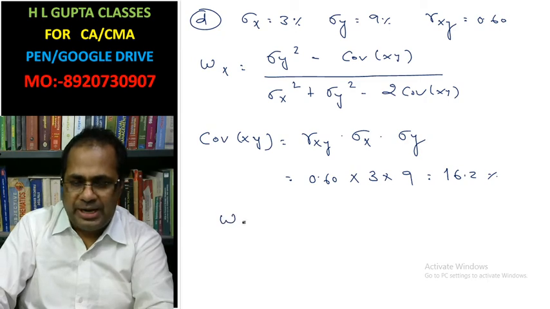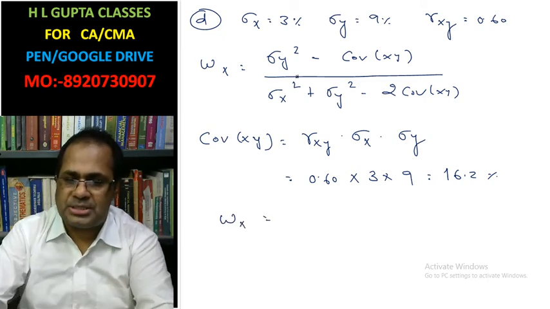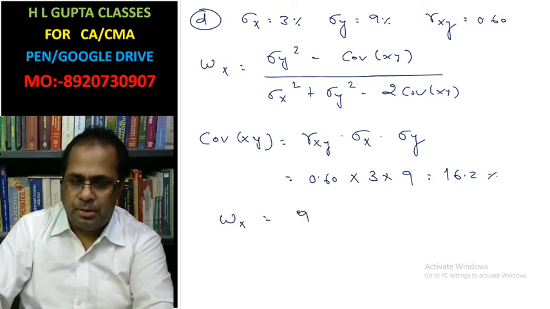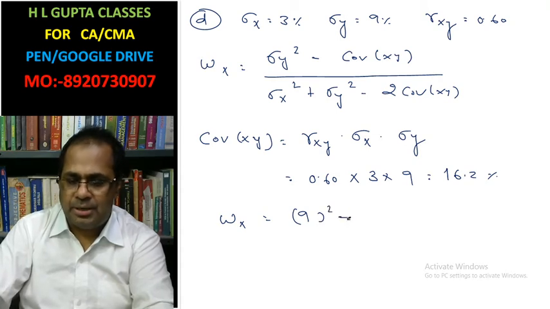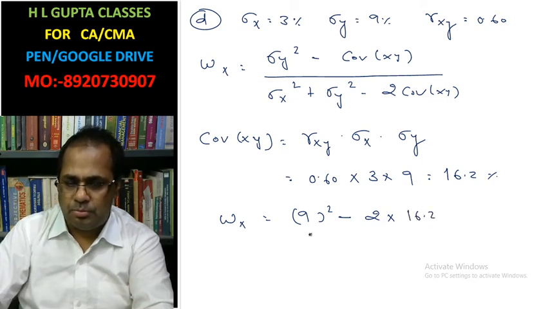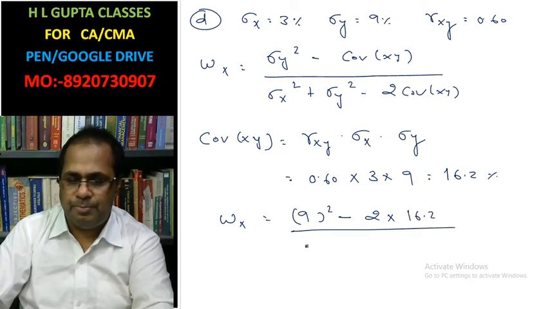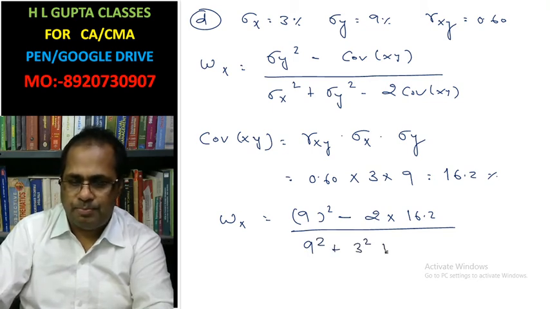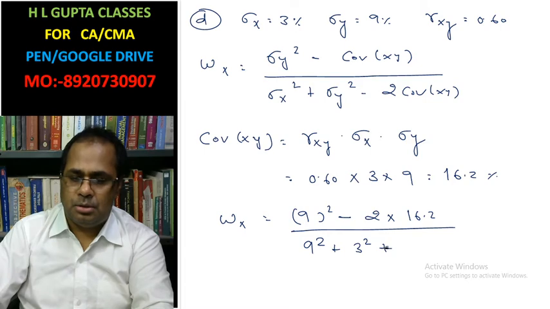Now weight X: in the place of standard deviation y squared, 9 squared minus 16.2, whole divided by 9 squared plus 3 squared.